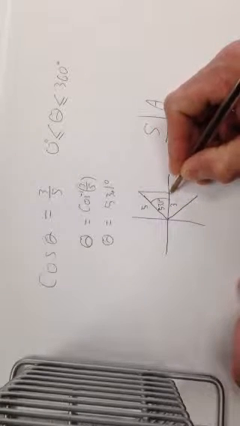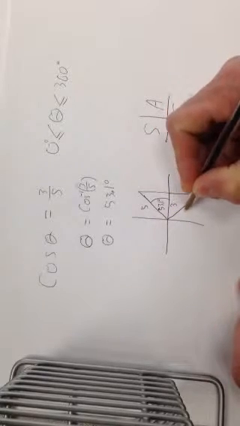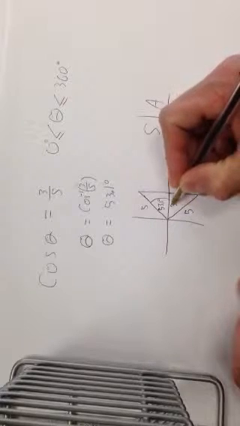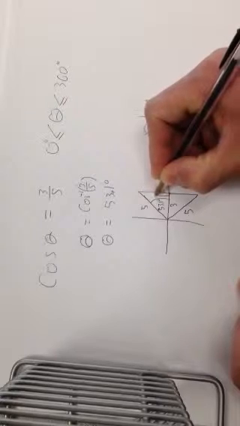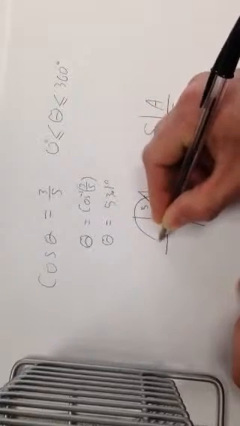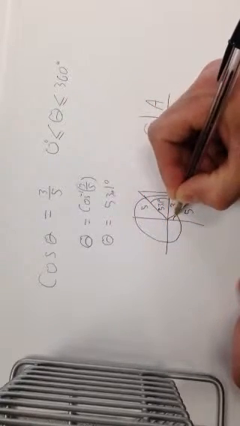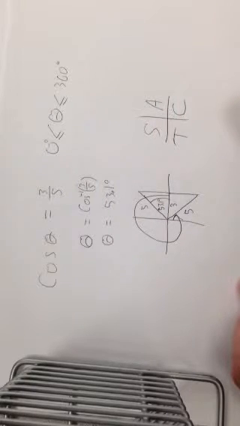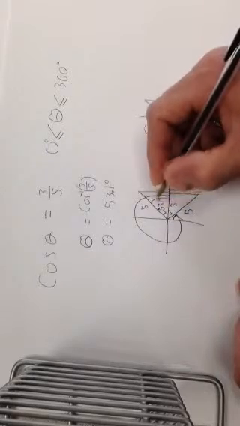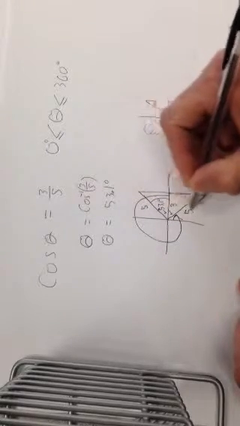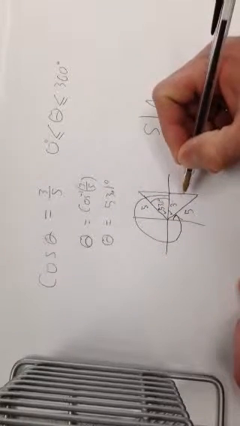My other answer is going to have a side length of 5, and this side length is still 3. And the angle in question is this one. It starts at the positive end of the x-axis and goes counterclockwise. Notice that under here, this angle is the same as this angle because we have the same corresponding side lengths.